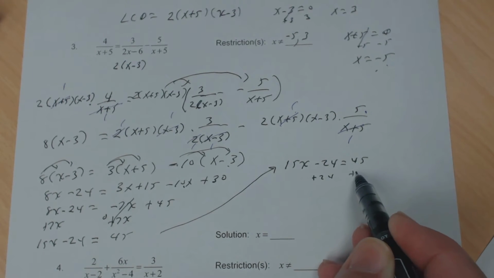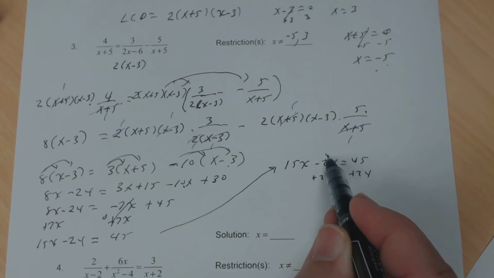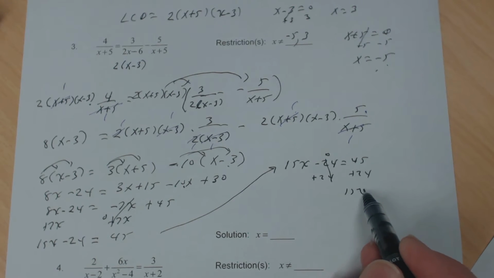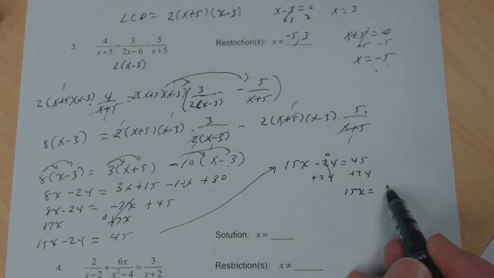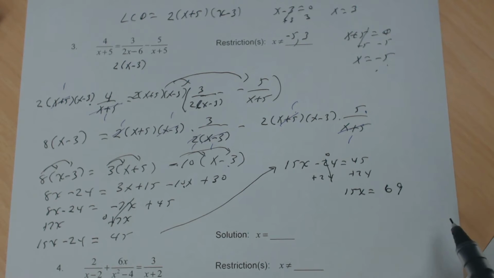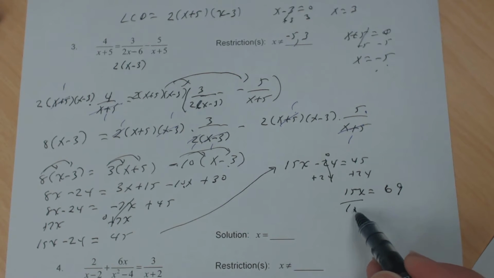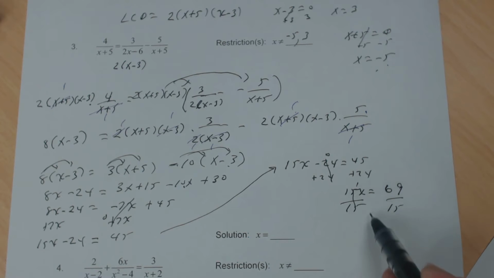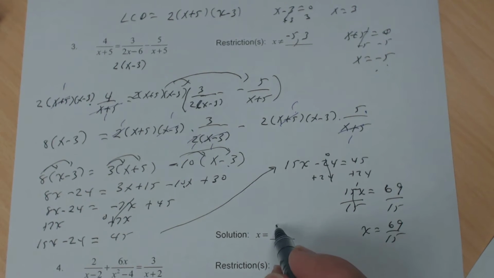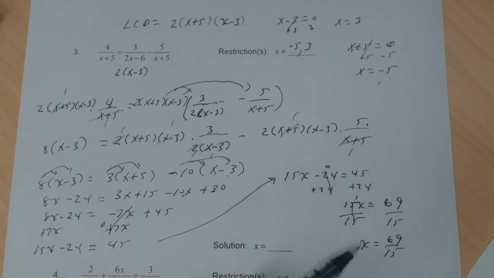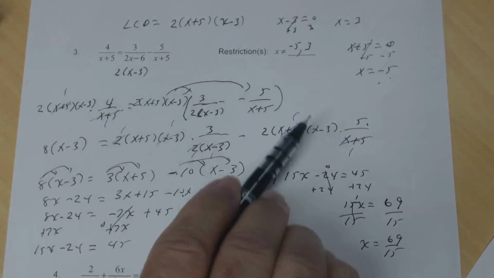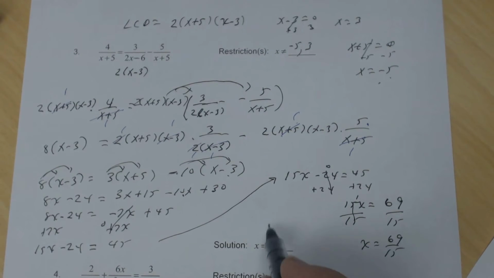Adding 24 to both sides, combining like terms, I get 15x equal 69, and then dividing both sides by 15, I get x to be 69 divided by 15. So that's your solution. Now notice that's not a restriction. You always got to check your restrictions. This is not one of these, so that's your solution.